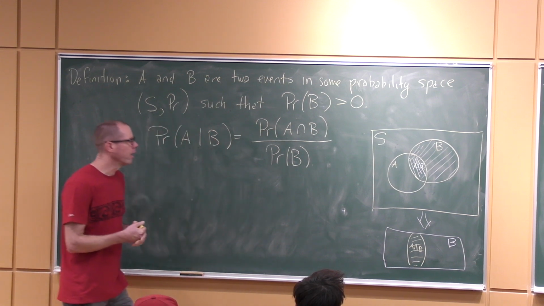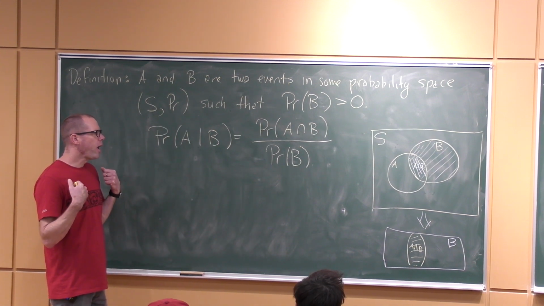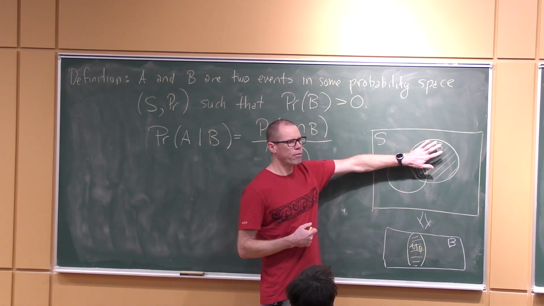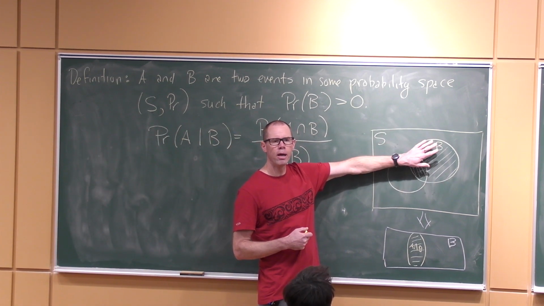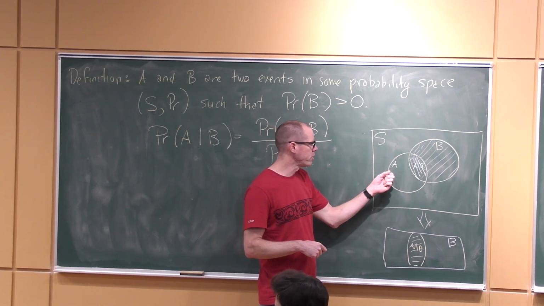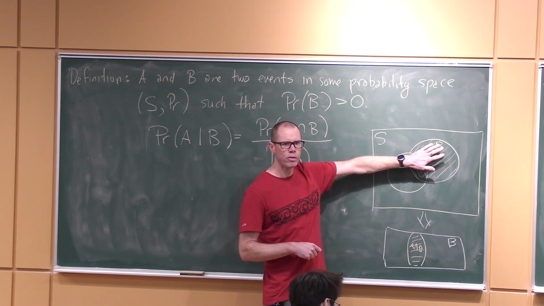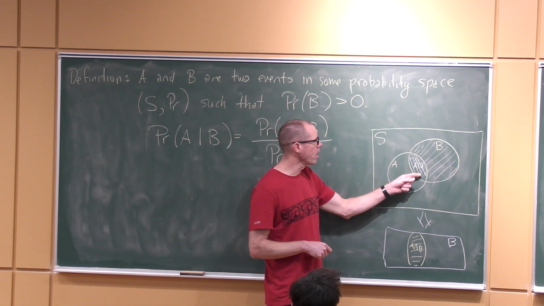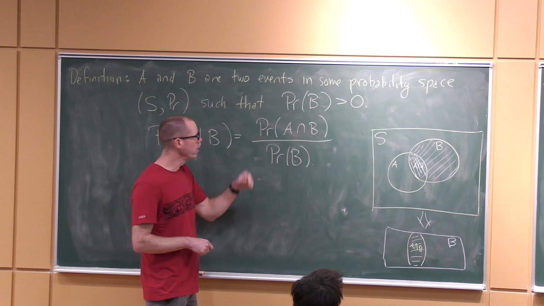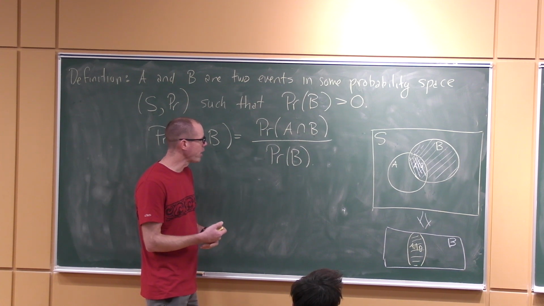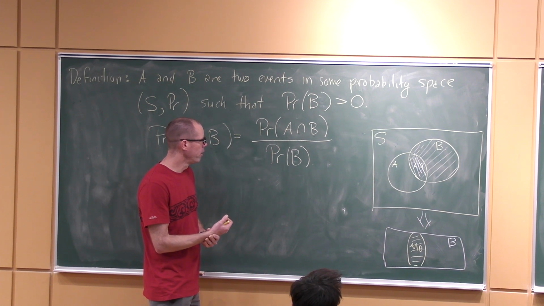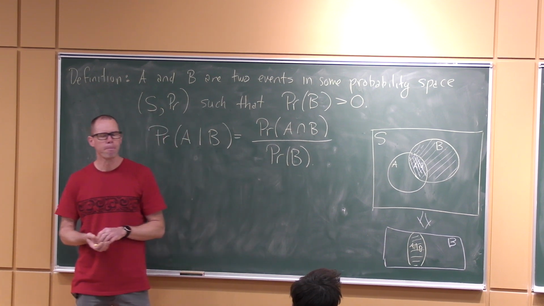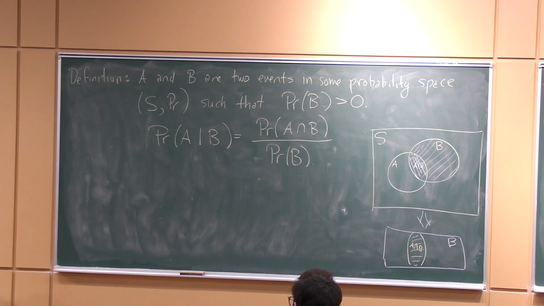So it's just like we do this experiment, and we keep trying it until the first time that we get a result in B, and then we ask, what's the probability of A in that first try. It's really, how much of B does A take up? That's A intersect B, and if you take it as a fraction of 1, then you have to divide by the probability of B.